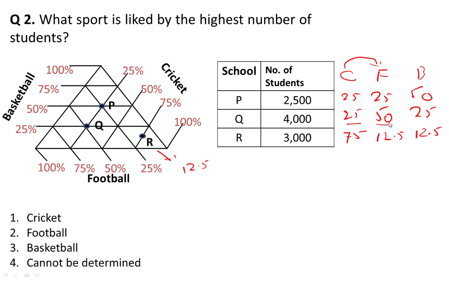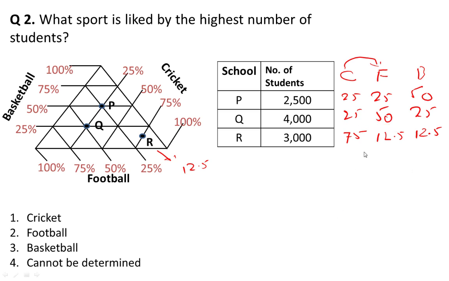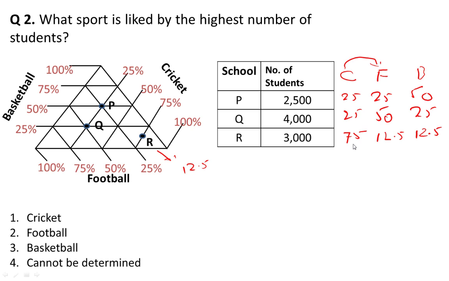So football will have the higher number. Now what about school R? Cricket is 75% of 3,000, whereas football is 12.5% of 3,000.